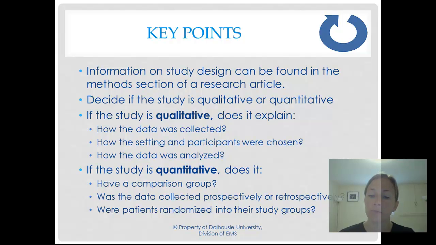And if the study was prospective and had a comparison, so two or more groups, how did the patients end up in their particular study groups? Were they randomized, or were they entered into those groups by some other way? Those are the three important questions for quantitative studies.